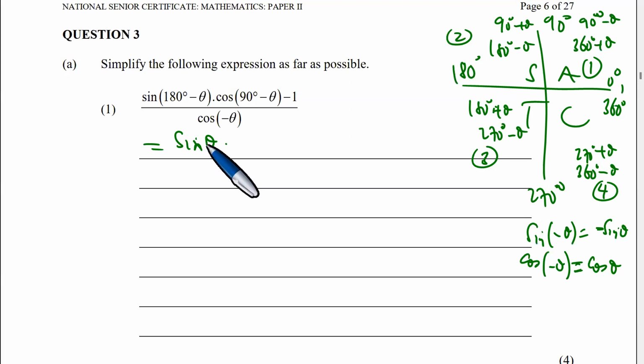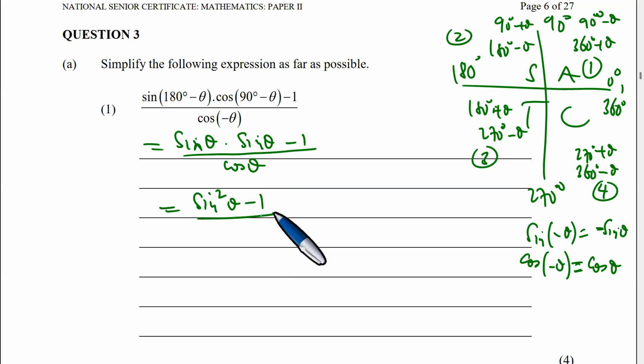What about cosine of 90 degrees minus theta? I think that's sine theta as well. Sine theta as well, thank you. Minus 1, and it is divided by, what about cosine of minus theta? It's cos theta. Cosine theta, well done, thank you. So this is sine squared theta minus 1, divided by cosine theta.